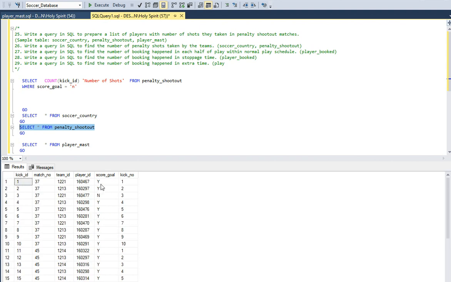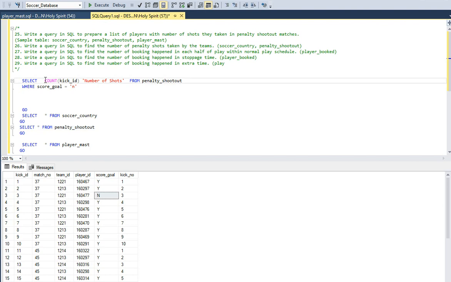Score goal, yes or no. These are the kick numbers. They kicked whether they made a goal or not; yes they made a goal, no they didn't. So with this condition we follow. This is like a join actually. We are going to join them without using join. So let's go.